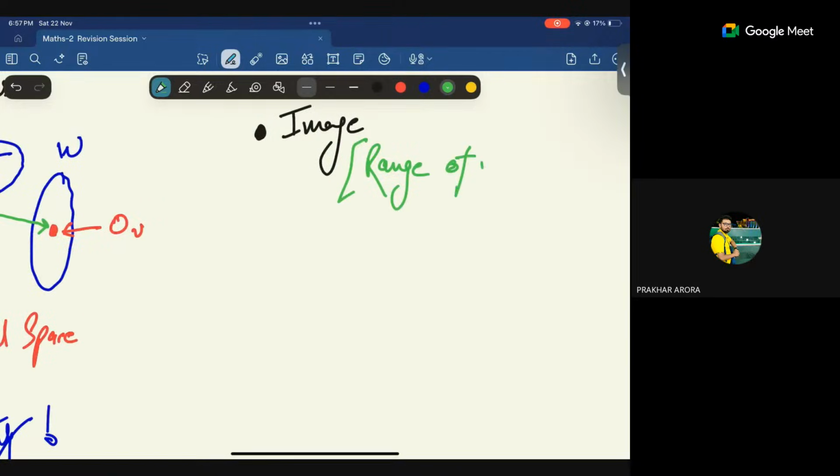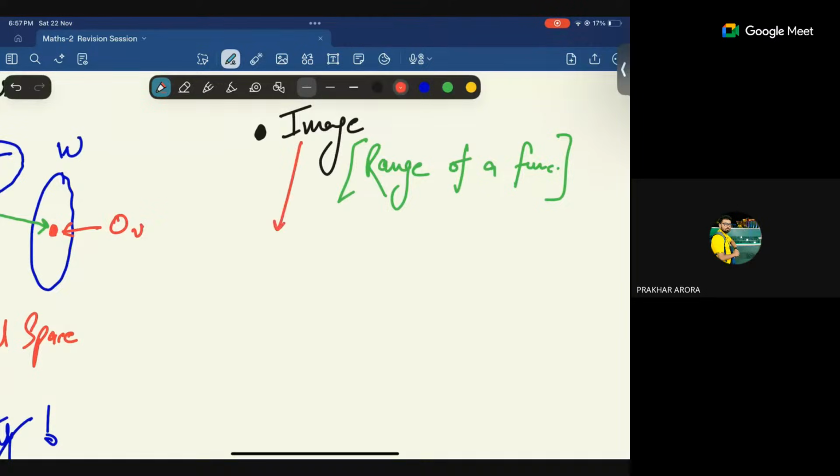Range of a function. How many of you remember this word? These are exactly the same thing. Image is just the range of a function.